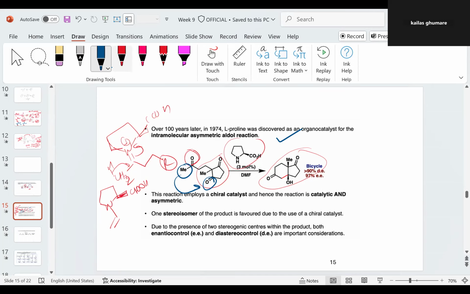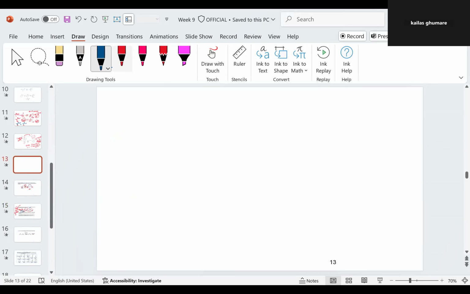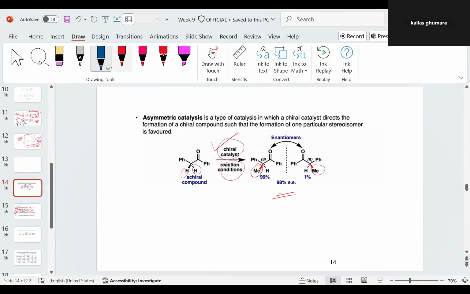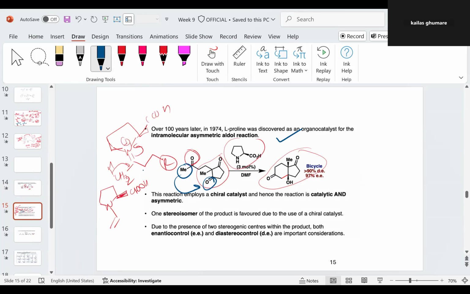As seen earlier, we can use the chiral auxiliary to get the stereoselective carbon-carbon bond formation. But if we want to form the carbon-carbon bond again in an intermolecular fashion, this is one of the approaches in which the L-proline based organocatalyst is used.